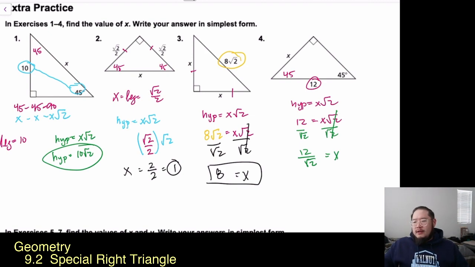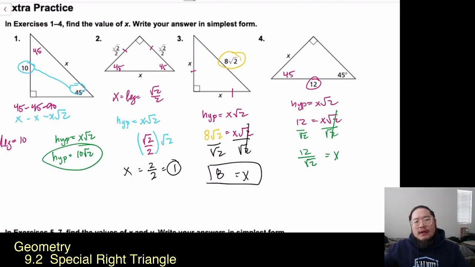All right. Now, the question says write your answer in simplest form. If you remember, maybe from Algebra 1, you should have learned that you cannot have a radical in the denominator. Okay, once again, you cannot have a radical in the denominator.